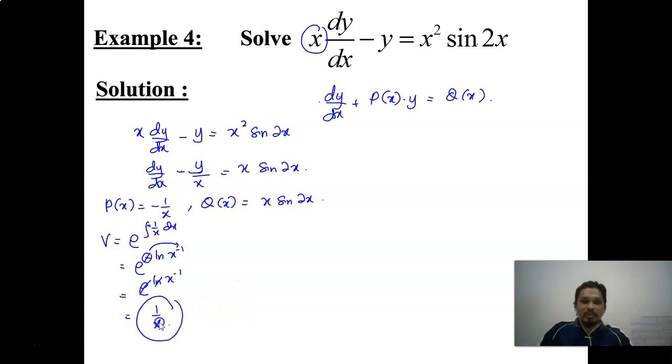Are we going to multiply this with the original equation here? Nope.